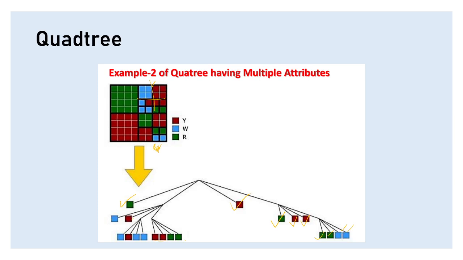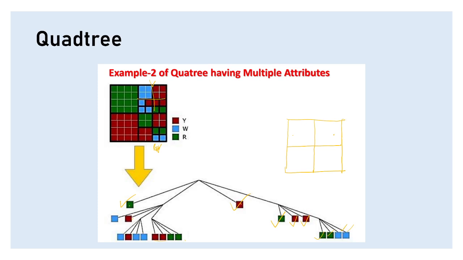I hope it's clear how we are dividing this. The only thing you have to keep in mind is, if you are given an image like this, first you divide it into 4 quadrants, and whichever quadrants have one single color, you can just leave them. For example, if this quadrant and this quadrant are the same, we forget about them, in the sense that we just label them like this.